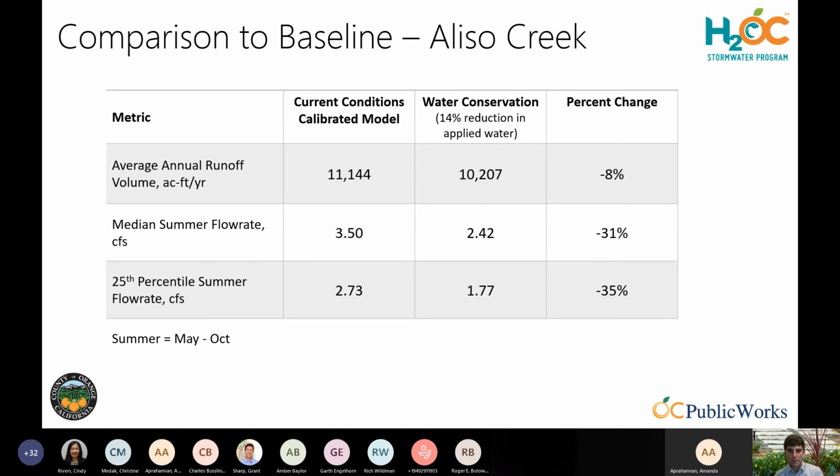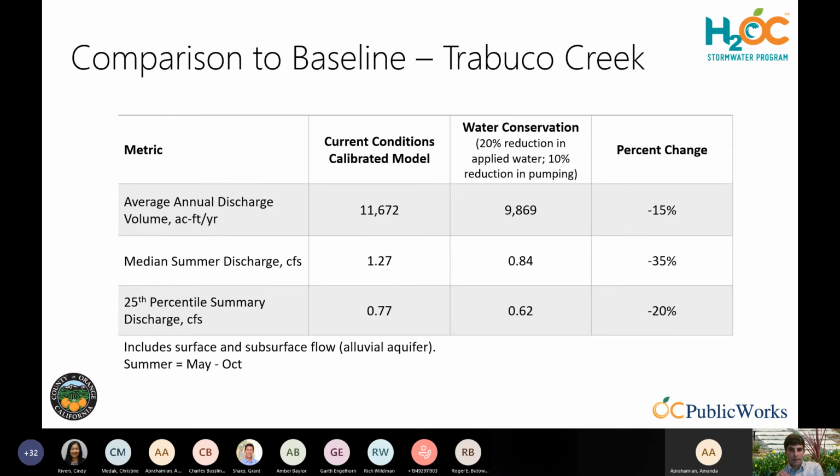So this is coming from a completely different model, one run by Wildermuth, and this is extracting flow at the bottom of Trabuco Creek.